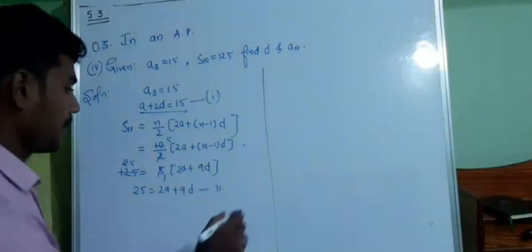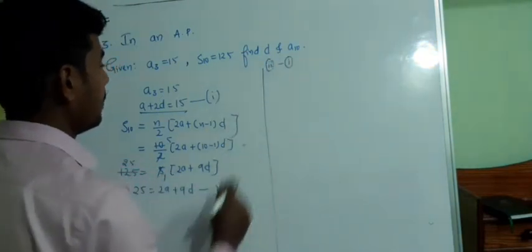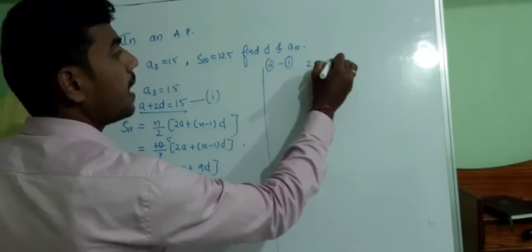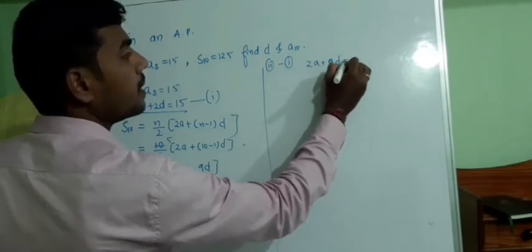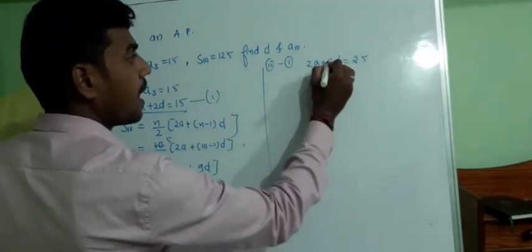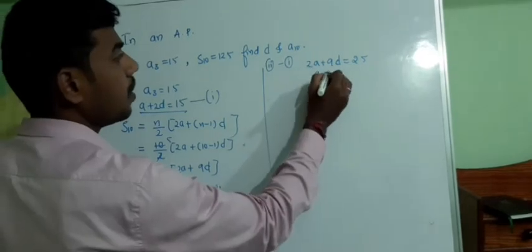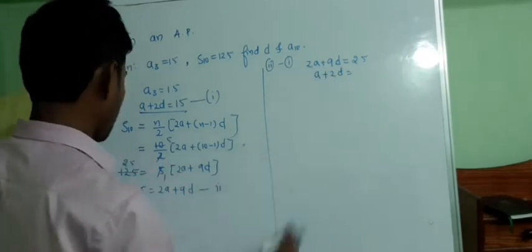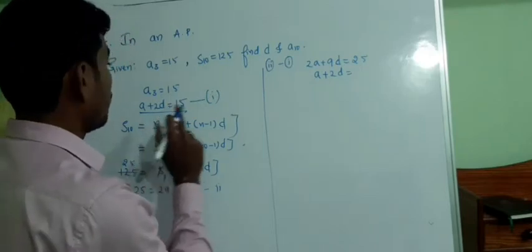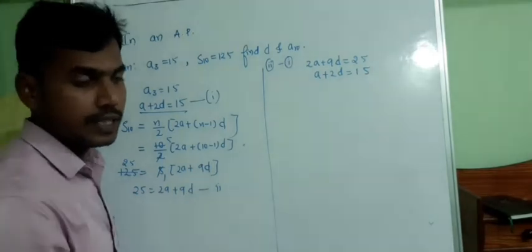So equation 2 minus equation 1. 2A plus 9D is equal to 25, and A plus 2D is equal to 15. So we need to make the coefficients equal.